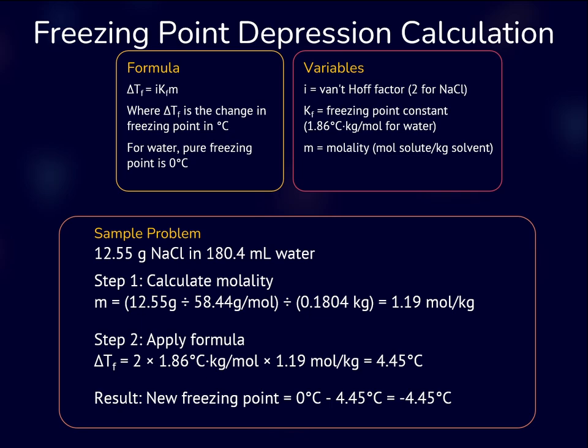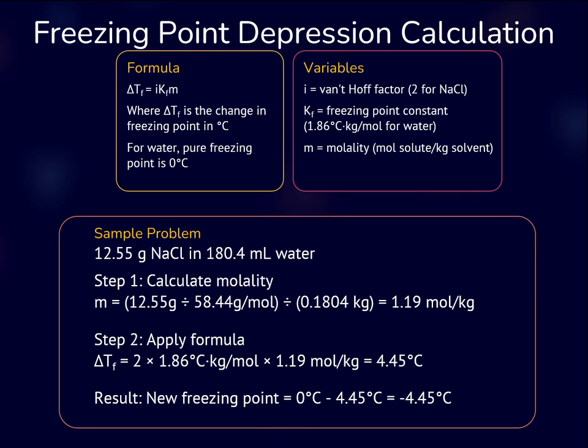First, we'll convert the grams of NaCl into moles, because remember, when we're getting that molality, we need moles divided by kilograms. So we need the moles of NaCl, not the mass of NaCl. So we'll use the molar mass of NaCl as a conversion factor to convert the 12.55 grams into a molar value, which happens to be 0.215 moles.